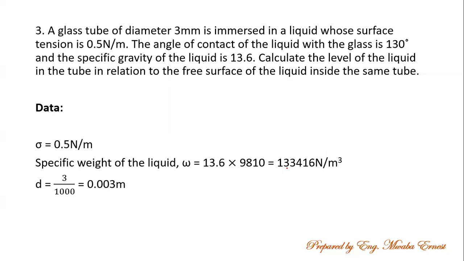Diameter of the capillary tube is 3 millimeters. So you divide 3 by 1,000, then you have 0.003 meters. Angle, theta is 130 degrees. So it seems we have all the data we need to calculate the capillary rise.